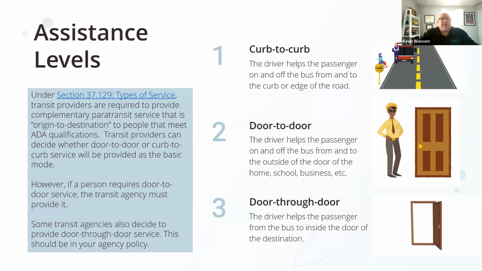And then the last option, door-through-door, is where the driver would help the passenger from the bus to just inside the door of the destination. You don't want to get into a habit of sending your drivers into people's homes or things like that, but getting them to the door and assisting through would be appropriate in some instances.